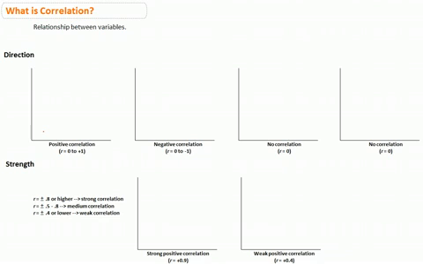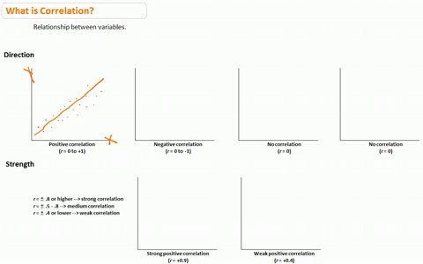So if we have a data set that has points that look like what I'm putting on here now, we can see that if we drew a line through this data, it is going in an upward sloping direction.